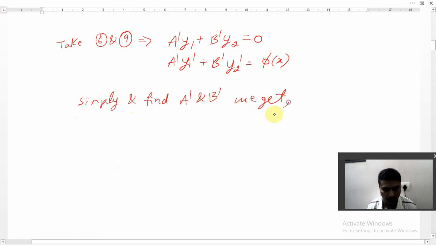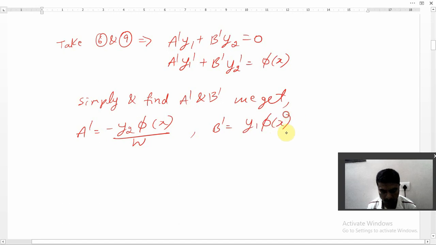We get a dash is equal to minus y2 psi of x upon w, and b dash is equal to y1 psi of x upon w.